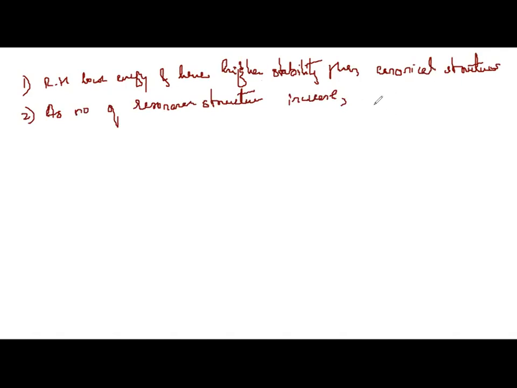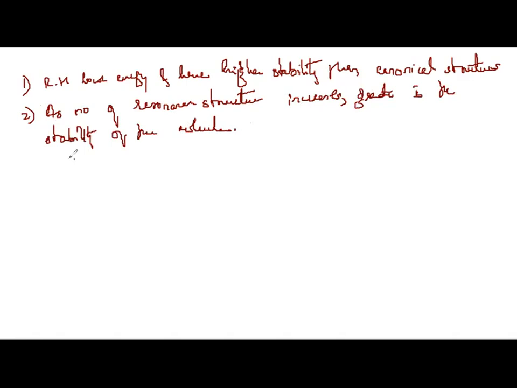The greater the number of canonical structures, especially with nearly the same energy, the greater is the stability of the molecule. Therefore, I can say with more resonance structures, greater will be the stability of the molecule. And those resonance structures should have almost the same energy.